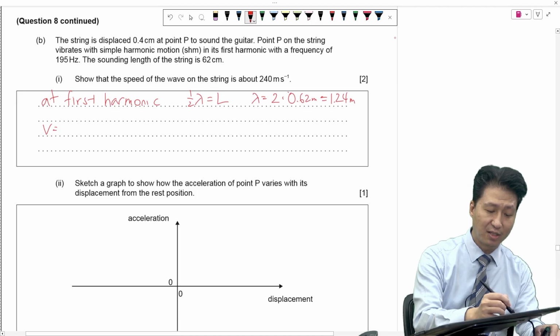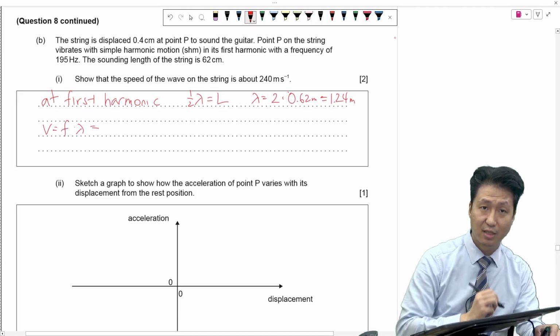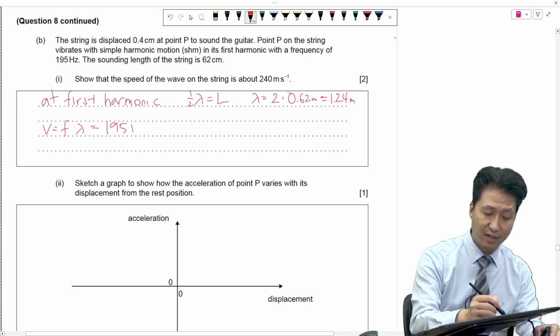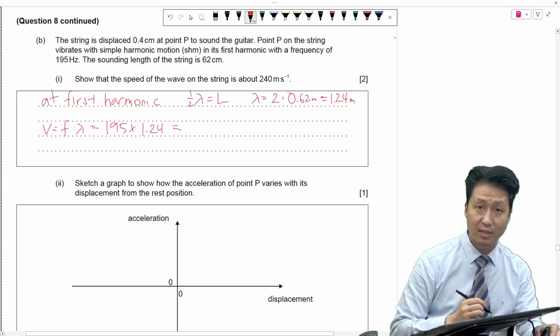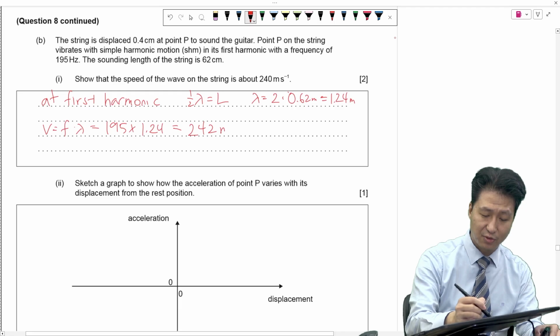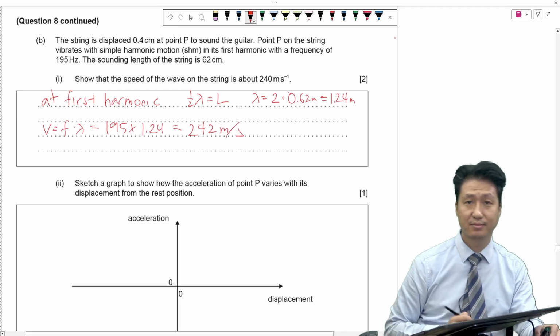In order to find the velocity of the wave, you have the frequency times the wavelength, which is 195 Hertz multiplied by 1.24 meters. And you get approximately 242 meters per second.